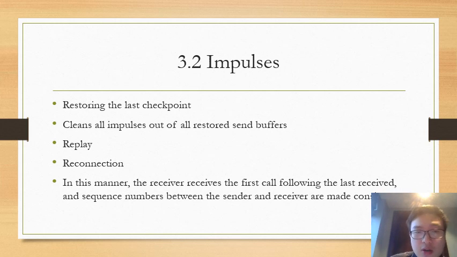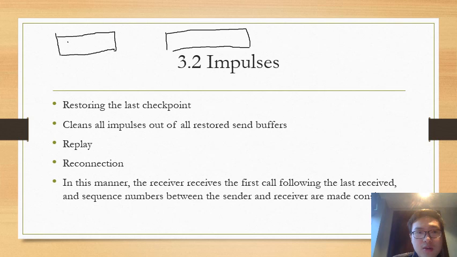Again, let me draw an example. I have two immortals here. This is immortal 1, and this is immortal 2. At some time, immortal 1 fails and starts recovery, and it is regarded as a sender.